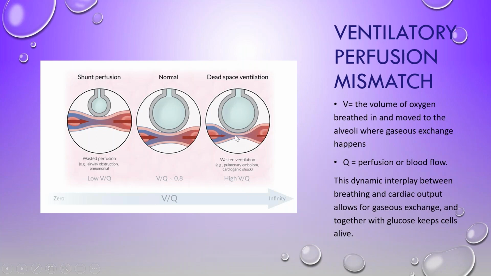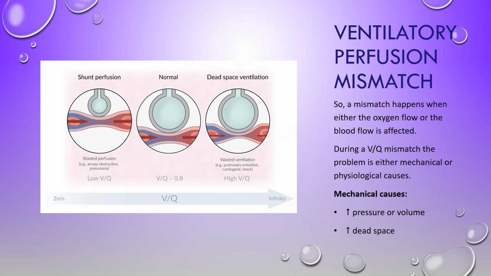So you need oxygen landing in the blood, and you need glucose, sufficient glucose, not too much, and you'll need insulin if there's lots of glucose in the circulatory volume, but it can't enter the cells. So when you've got hyperglycemia, you're going to need to tickle with insulin to get the glucose from here into the cell, and oxygen will go as well. So mismatch happens when either the oxygen flow or the blood flow is affected.